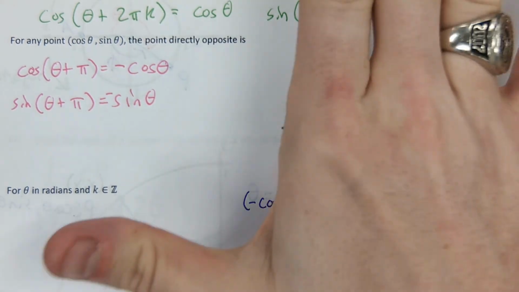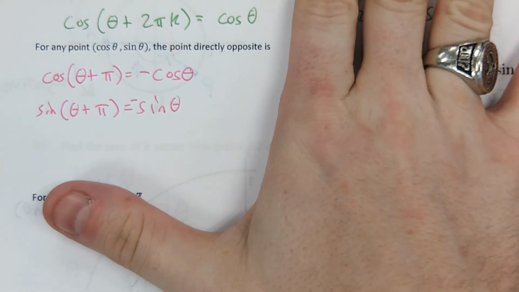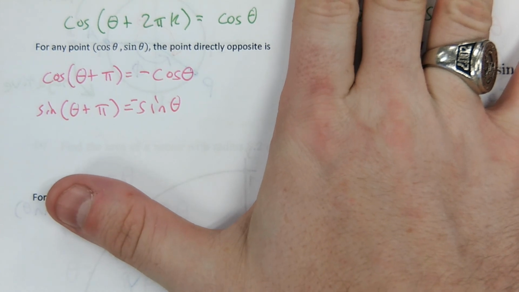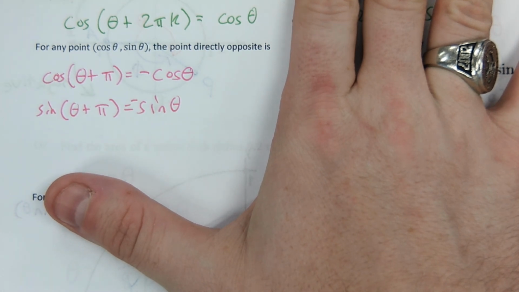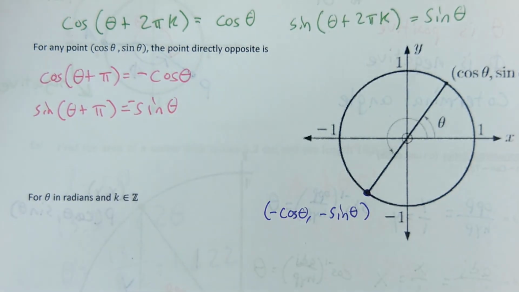And you will notice when written like that, no circle, no quadrants are necessary. It actually doesn't matter what theta is and where theta is. If you add pi to it, you have changed the symbol in front of cosine and in front of sine. What does that tell you about tangent?